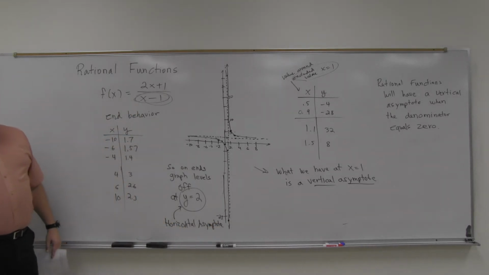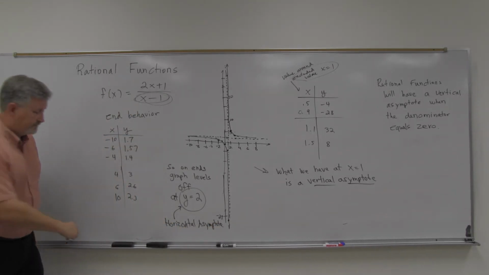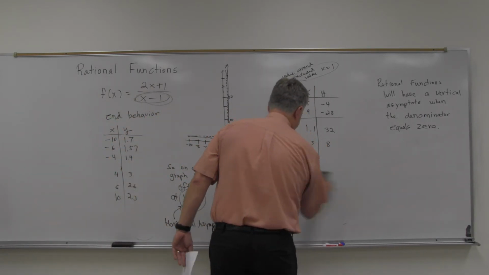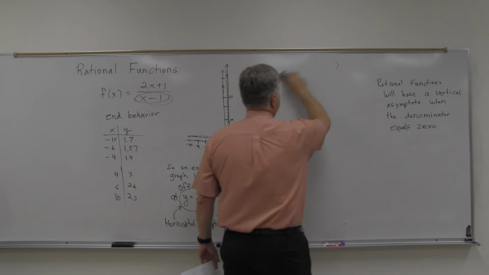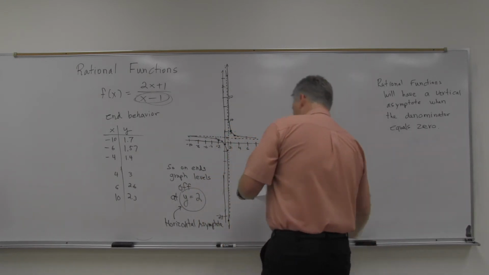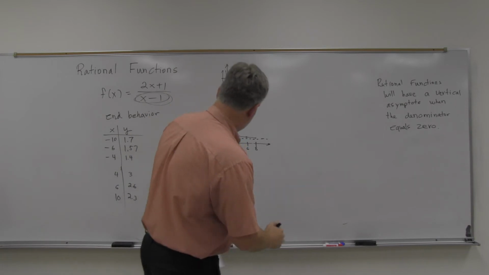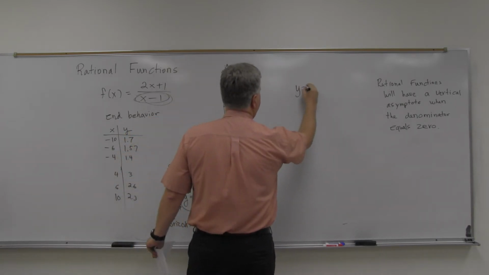Now, it's a little different as far as finding our horizontal asymptote, because we don't want to have to do tables like this every time. So we know how to find those vertical asymptotes. So why is it y equals 2?